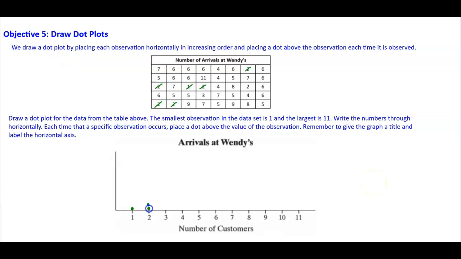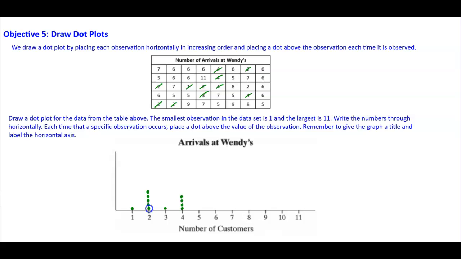Okay, and then for 3, we have 1. And then for 4, we have 1, 2, 3, and then 4.